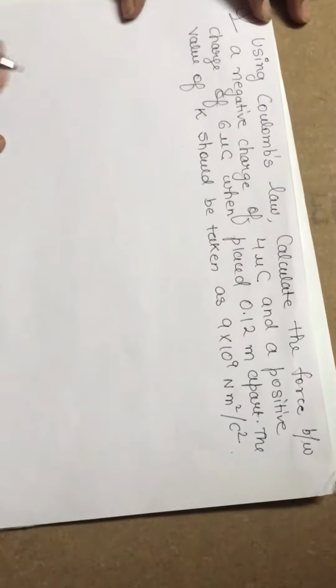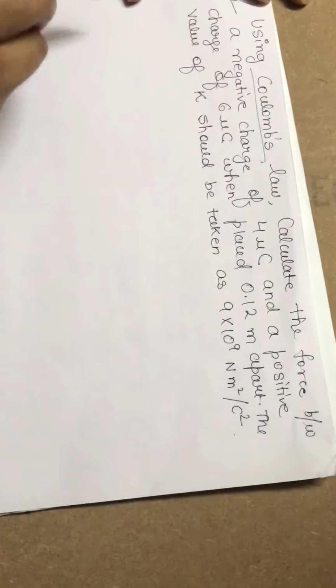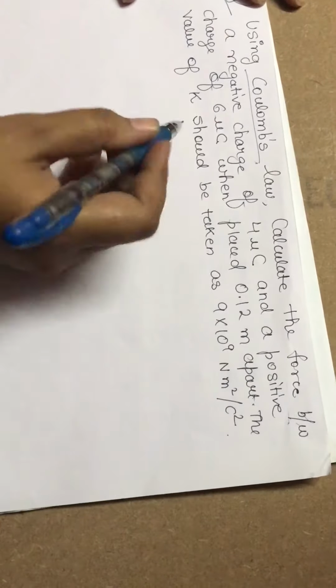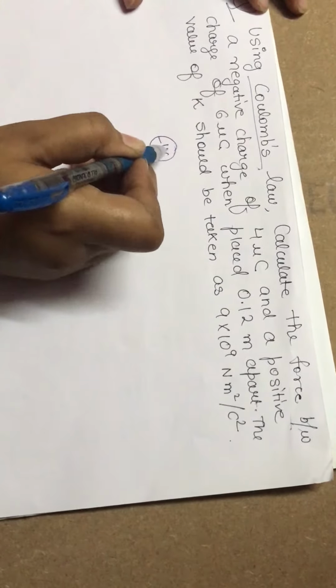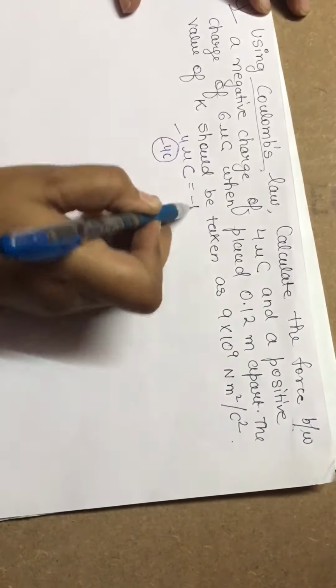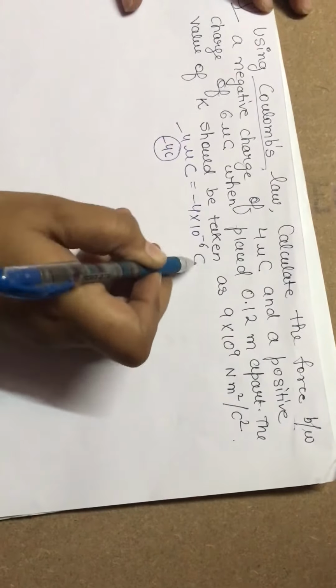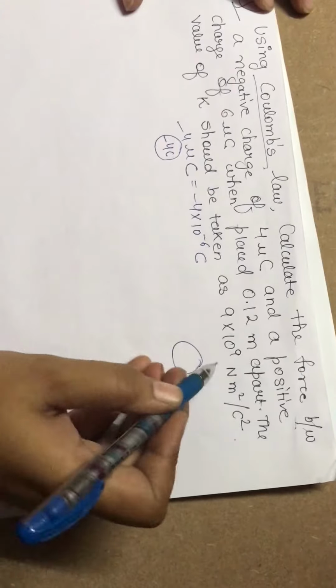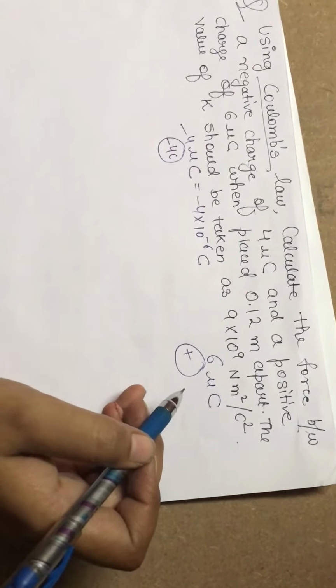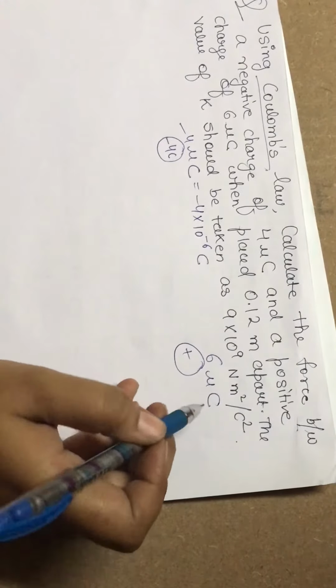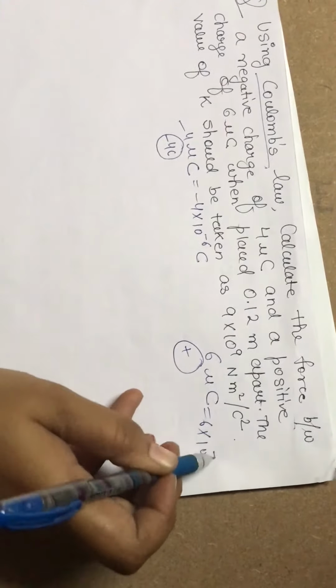Now come to a numerical based on Coulomb's law. It is a very simple numerical. Using Coulomb's law, calculate the force between a negative charge of 4 microcoulomb, micro means 10 to the power minus 6, and a positive charge of 6 microcoulomb, so 6 into 10 to the power minus 6 coulomb.